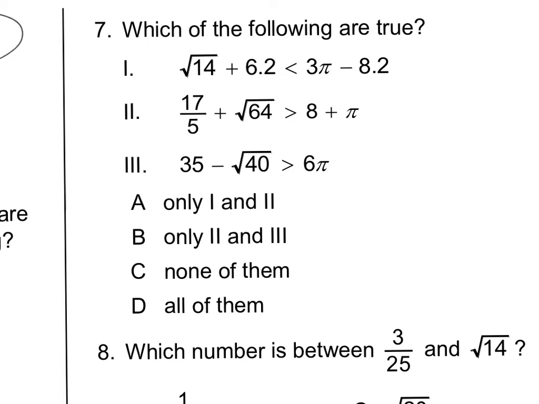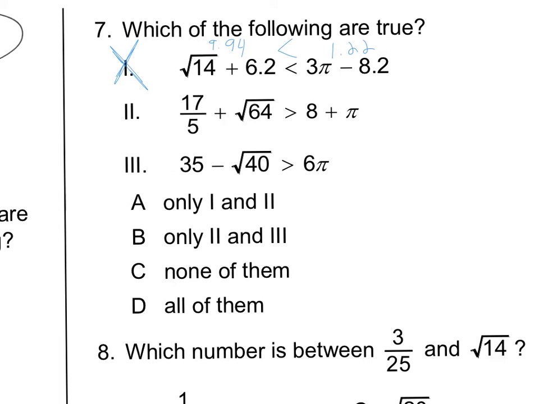That's going to be 9.94, and I'm just going to round it right there. Then I have 3 times pi, 3.14, that gives me 9.42, minus 8.2, which gives me 1.22. So, is 9.94 less than 1.22? No, this is not true.